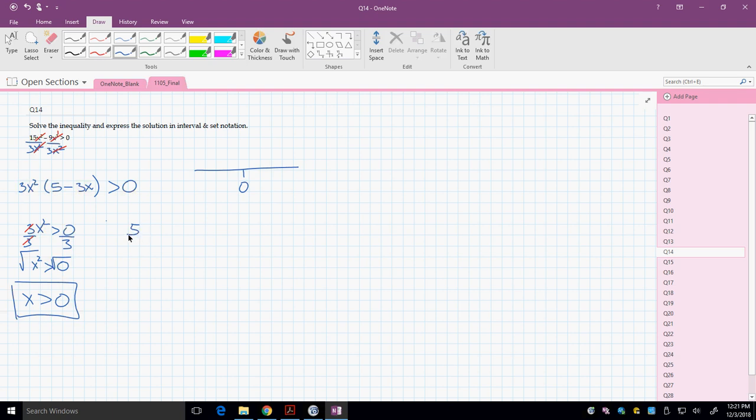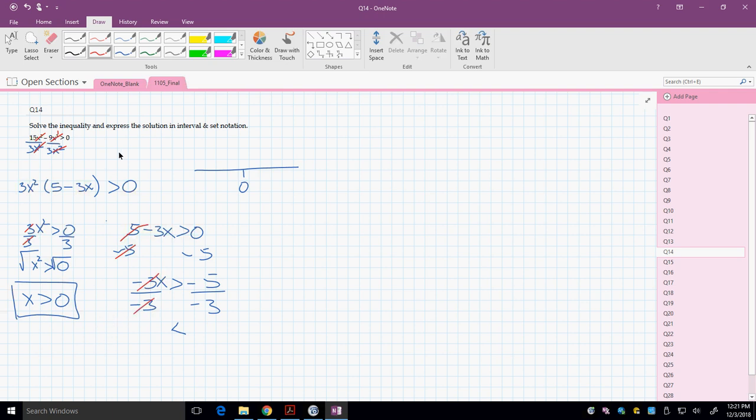And the other one is 5 minus 3x greater than 0. So I'm going to subtract 5 on both sides of the equal sign. 5 cancels. Now I have negative 3x to be greater than negative 5. And I divide by negative 3 both sides. When I divide or multiply by a negative number, flip the sign.